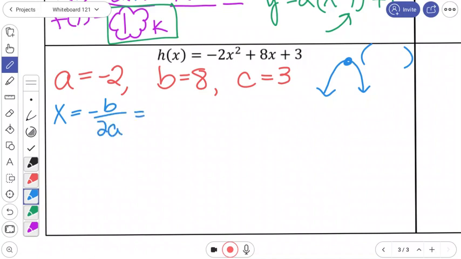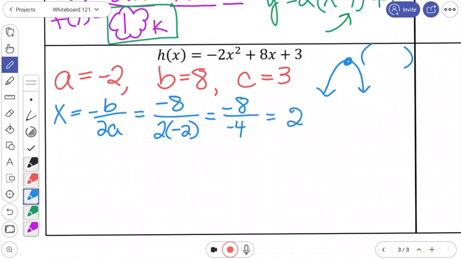And if my b value is a +8, then -b would be -8. You just switch the sign. Over 2 times our a value of -2. So this is the same thing as saying -8 over -4, which gives us +2. That right there is the x-coordinate of our vertex, +2. And again, we call that h when we're in vertex form.